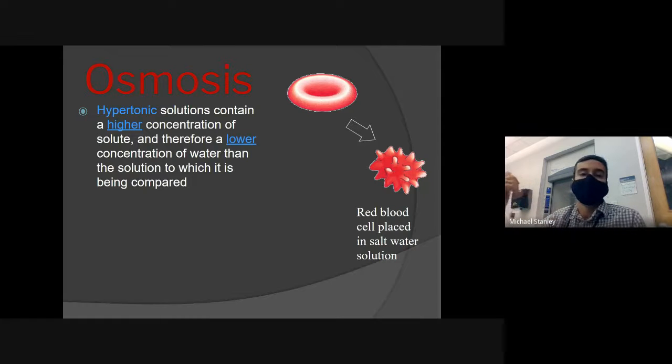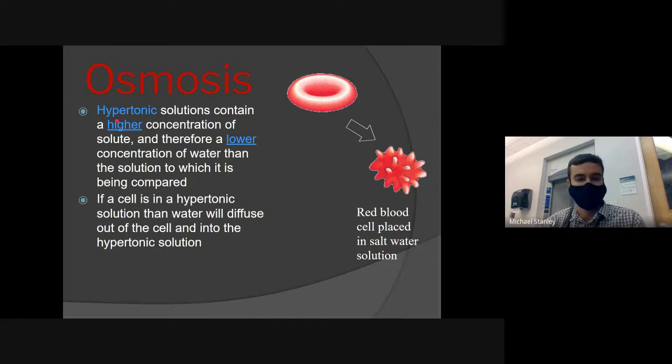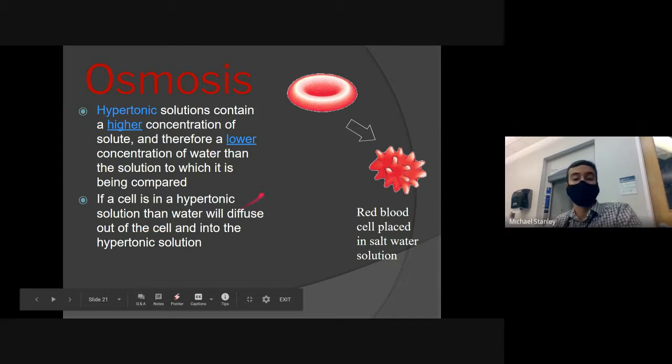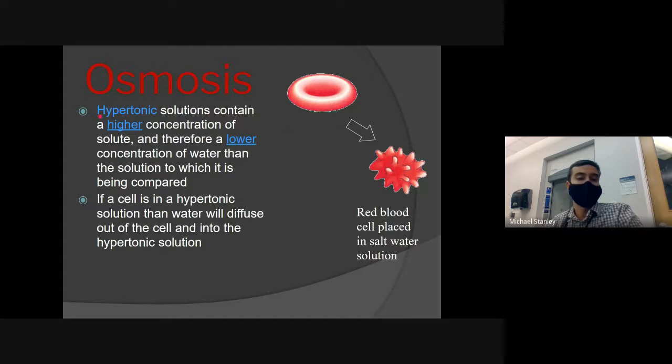Instead of being 100% or 90% water, now they're 50% water, because the other 50% is taken up by our solutes. So if a cell is placed in a hypertonic solution, the water will diffuse out of the cell and into the solution. It'll leave the cell and go out into the surrounding hypertonic solution.